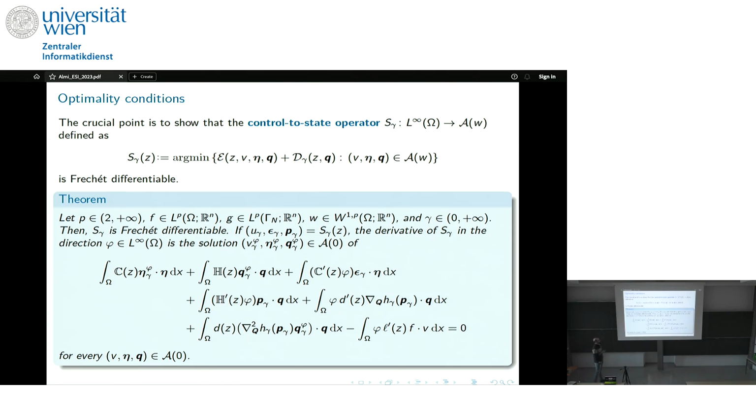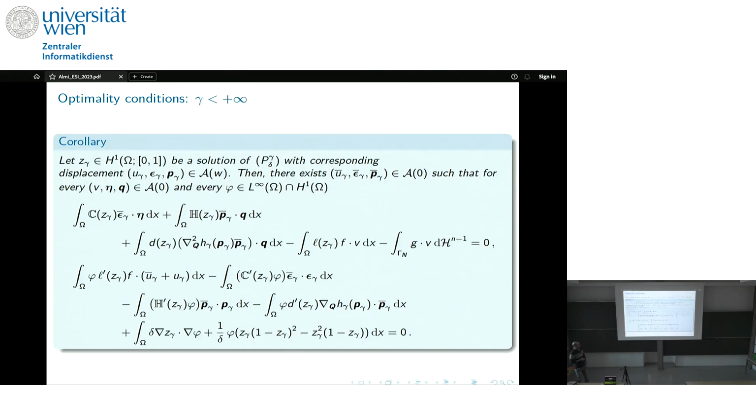Of course this is still depending on the direction phi in which you take the derivative. So this is not really an optimality condition. This is an intermediate step, but as a corollary, you can get the optimality condition simply by passing to an adjoint system.